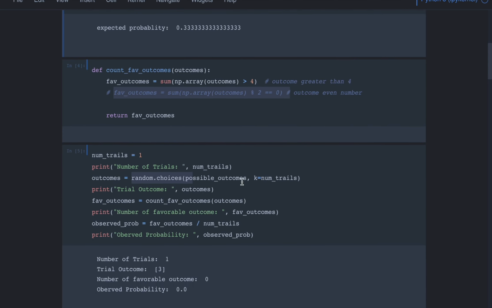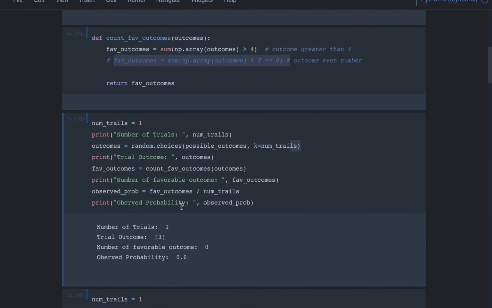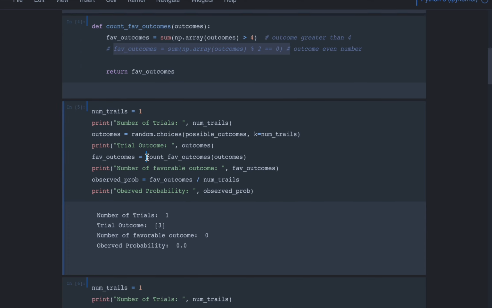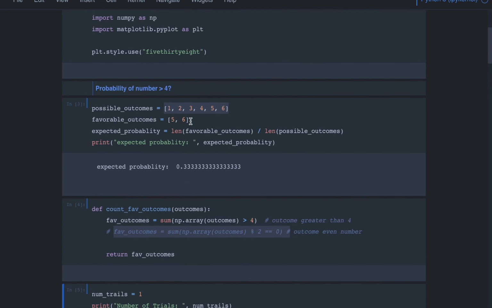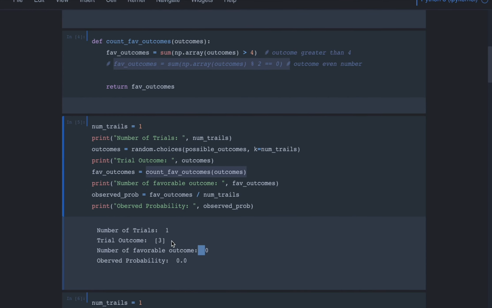All right, so we roll the dice only once, which means we will get only one outcome. Let's say in this case we got the number 3. Then we are measuring the number of favorable outcomes, which is 0, because our favorable outcome is any number above 4. But we have got 3, so the number of favorable outcomes is 0.